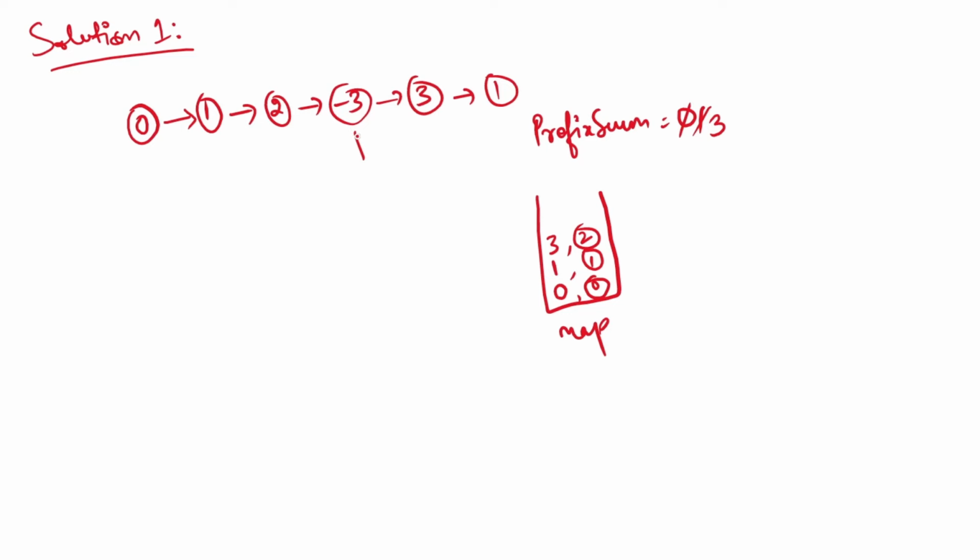Now I come to minus 3. Once I come to minus 3, my prefix sum will be 0, so I will see that 0 is already present.